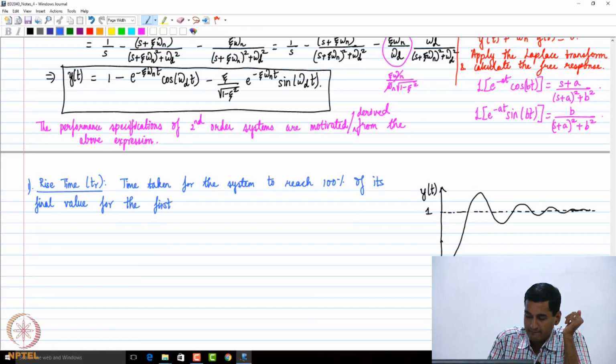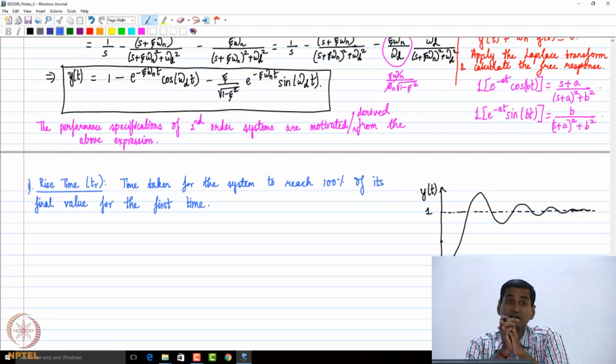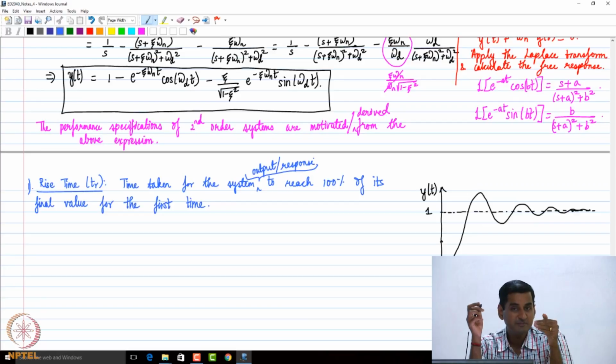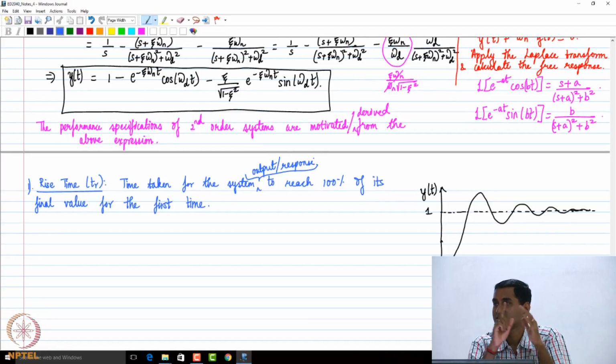We'll also shortly see that if you have a critically damped or overdamped system, it reaches 100% of the final value only as time tends to infinity. Time taken for the system output, or the response. Please note the premise behind these parameters: we are looking at the unit step response of a stable underdamped second order system.